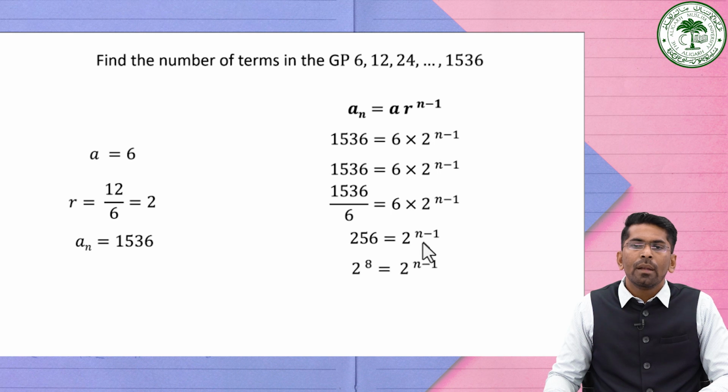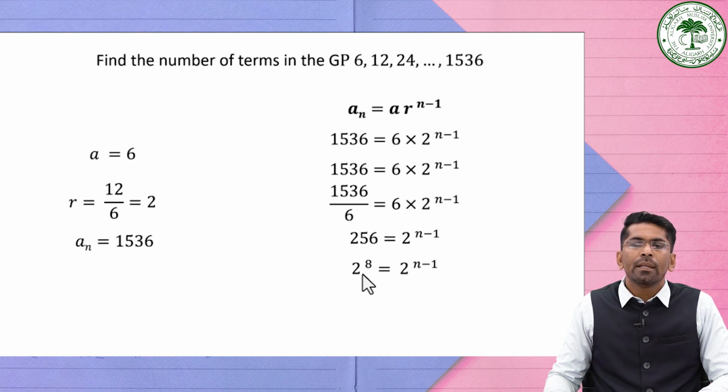Now we can write 256 as a base of 2, which is equal to 2 raised to the power 8, which is equal to 2 raised to the power n minus 1.